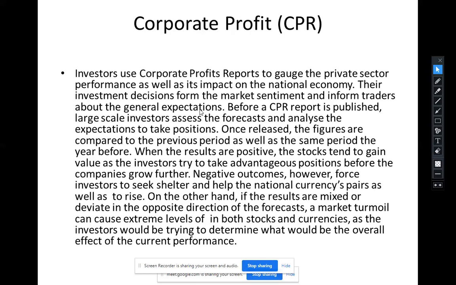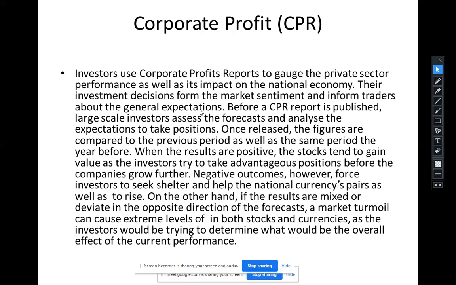Their investment decisions form the market sentiment and inform traders about the general expectation, which means before a CPR report is published, large scale investors assess the forecast and analyze the expectation to take positions.